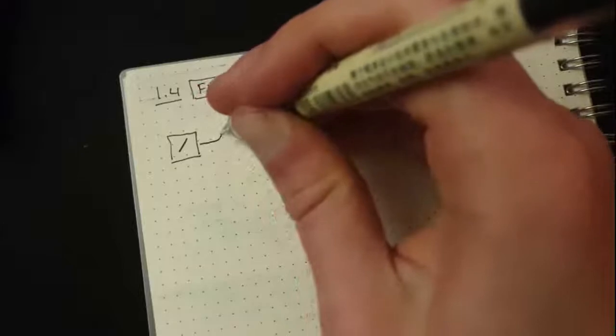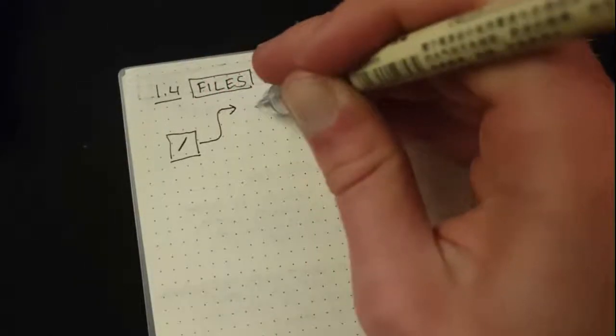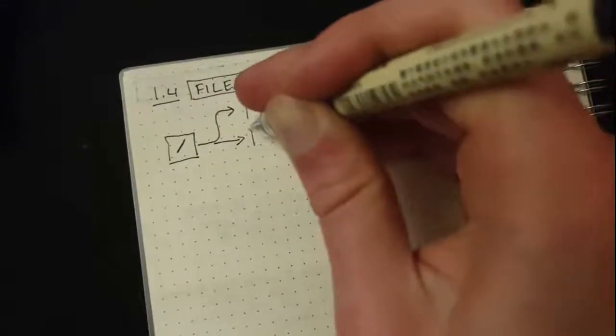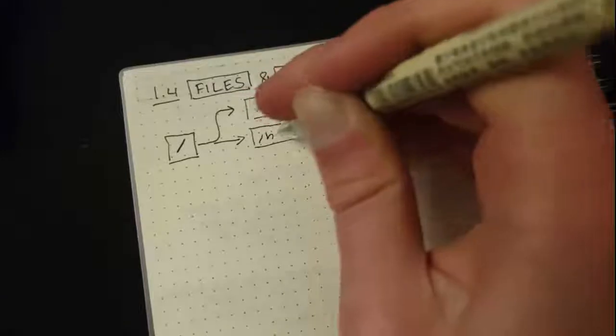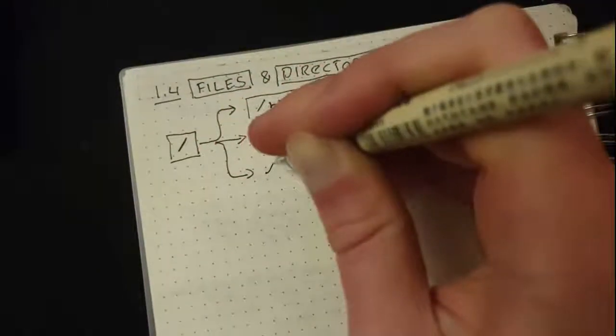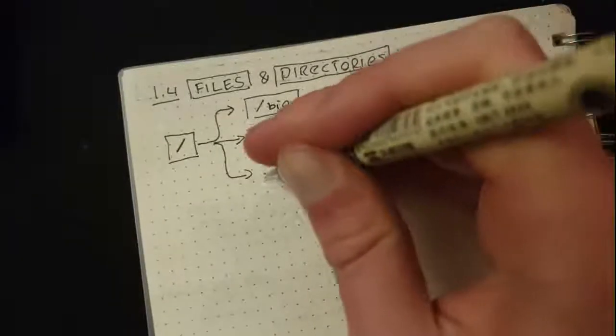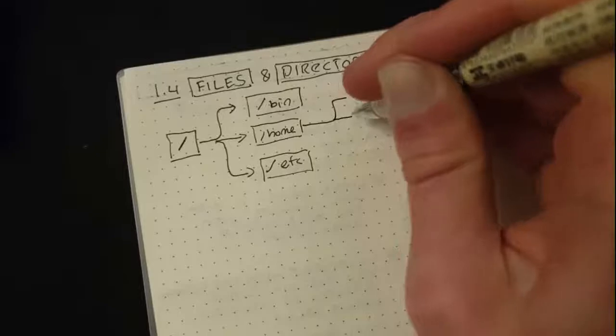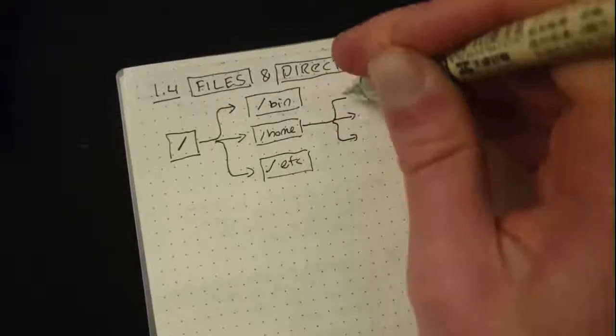And then within slash, you have different files. So /bin, /home, /etc. And then each of these will have things inside them too.